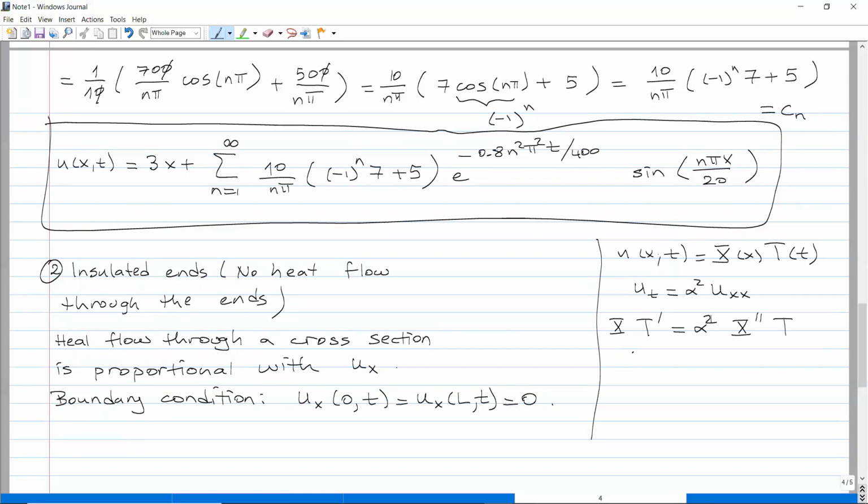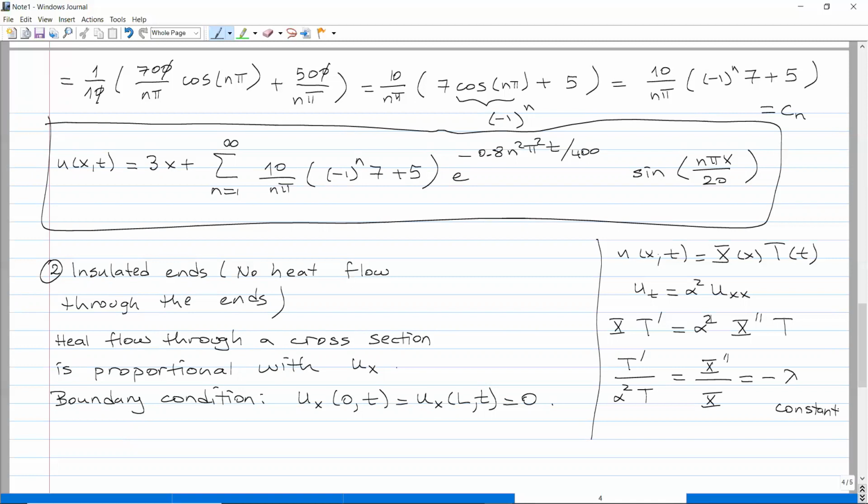So T prime over alpha squared T is going to be equal to X double prime over X. Since one side is a function of t only and the other side is a function of x only, this is going to be constant, and we call the constant minus lambda.